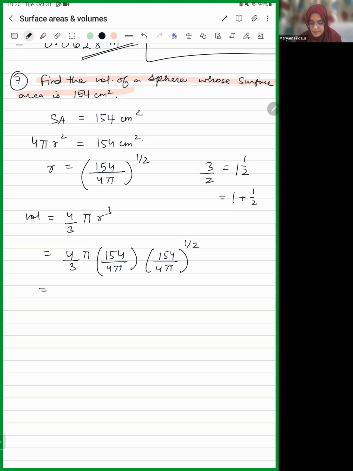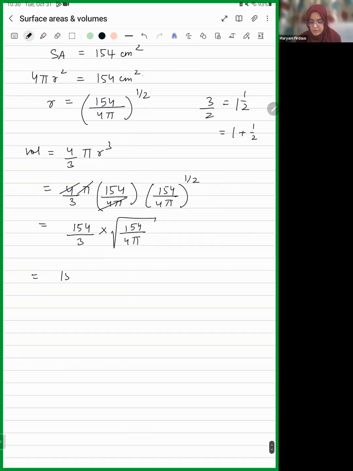So see, this 4 pi and this 4 pi will get cancelled. So here we are left with 154 by 3 into root of 154 by 4 pi. Root of 4 is 2, right? So 1 by 2 comes out, and then root of 154 by pi.